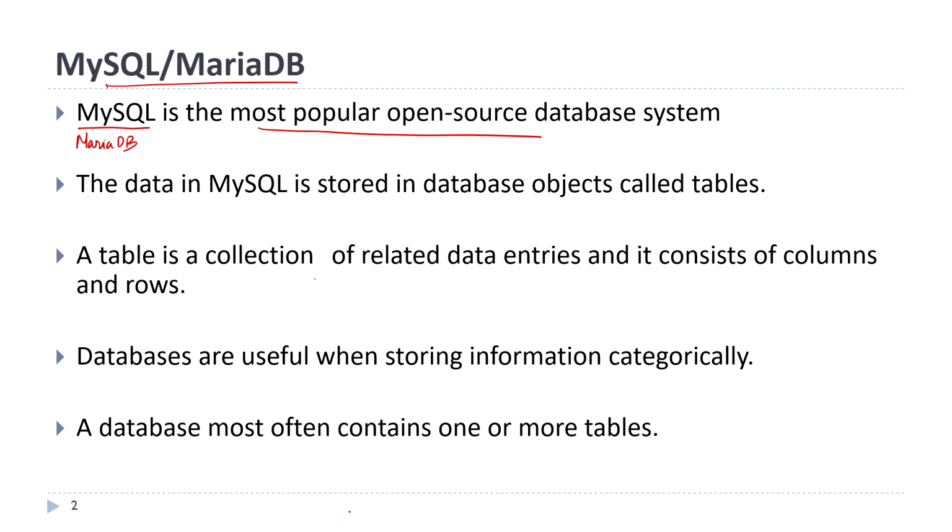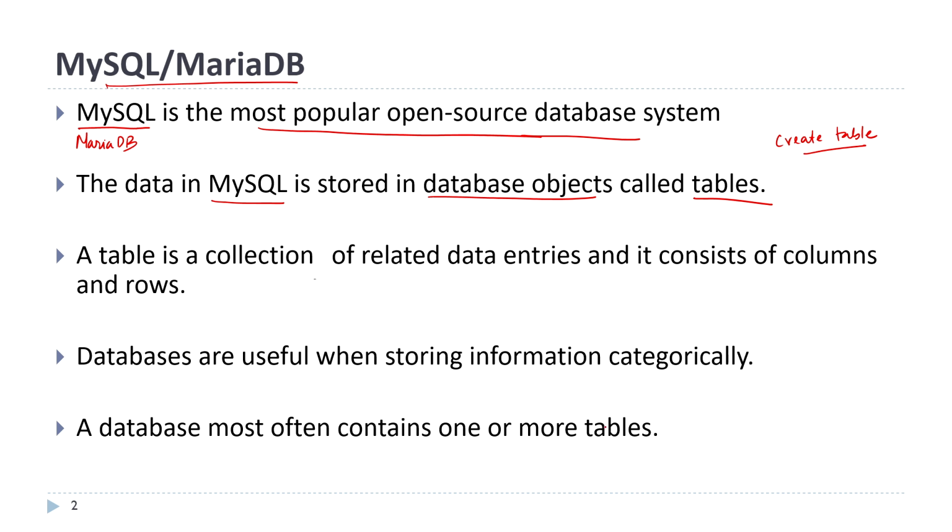So, even though MariaDB is the open source fork of MySQL, it is the most popular open source database system. In MySQL or MariaDB, the data is stored in database objects called tables. There are different tables. We saw how to create a table. So, remember the create table syntax, and so on. We went through create table, query table, select table, all those kinds of things.